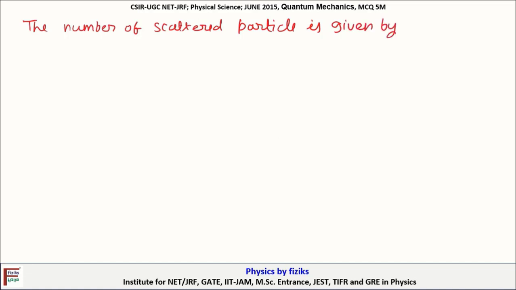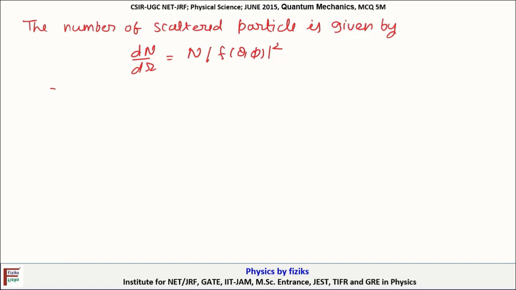Now, the number of scattered particles is given by dn by d omega equals n into f theta phi mod square.